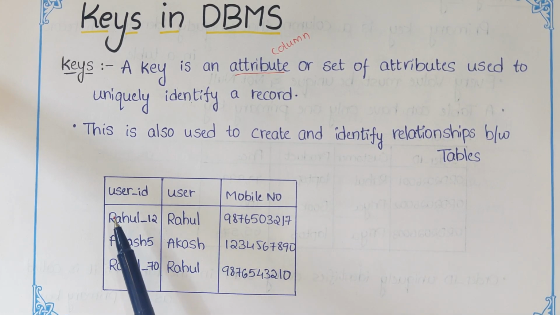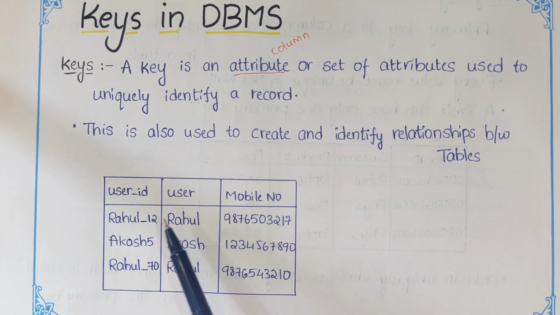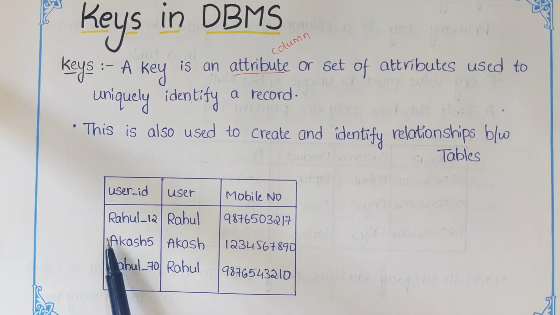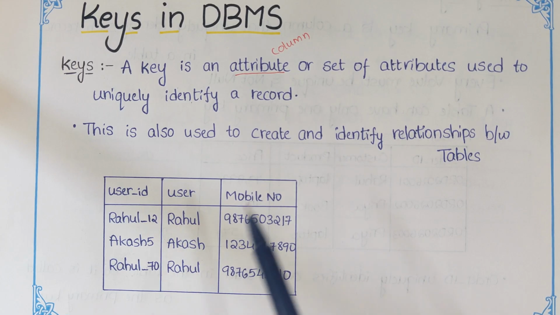So it specifically uses this user ID, the unique identity, Rahul 12 and Rahul 70, which are not the same, right? You can see this is unique and this is unique. So to identify the first Rahul, it specifically searches for Rahul 12, so that it identifies the exact Rahul which they want.